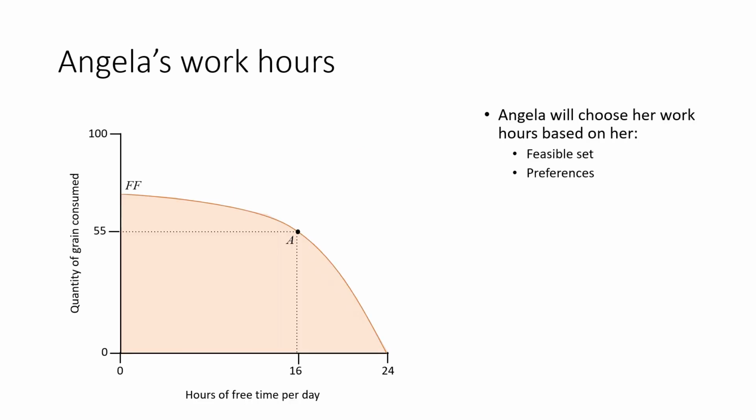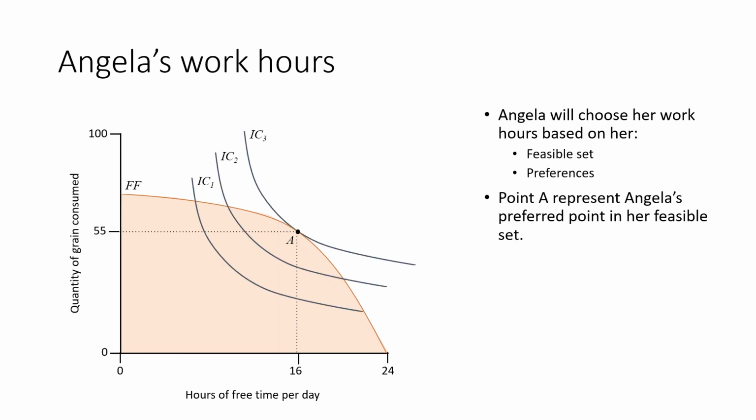How does Angela choose her work hours? Her work hours are based both on her feasible set and her preferences. Point A represents Angela's preferred point in her feasible set. This is where her MRS equals her MRT. However, Angela's feasible set expands with the adoption of a new plow.